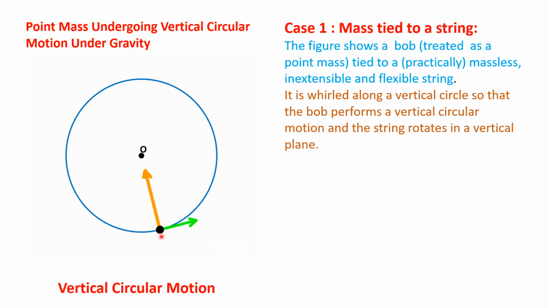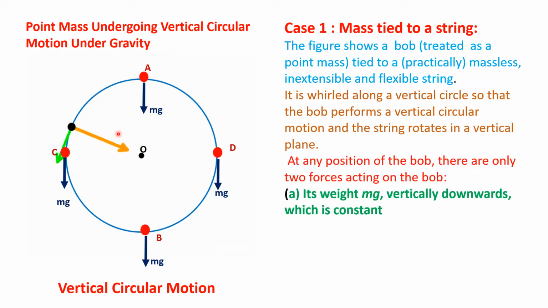Here the bob should be considered a point mass. It is whirled along a vertical circle so that the bob performs a vertical motion and the string rotates in a vertical plane. So this is a vertical plane and the string rotates in this vertical plane.